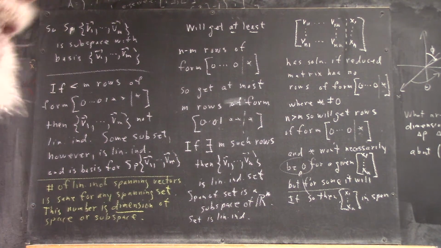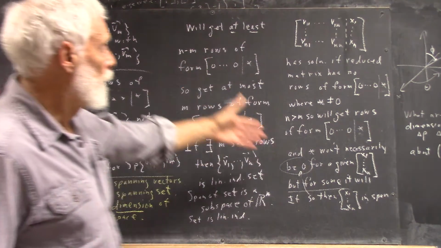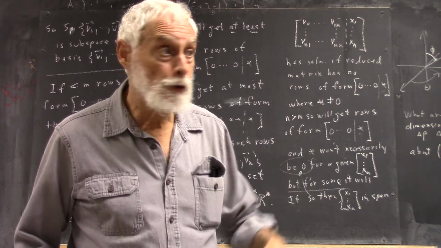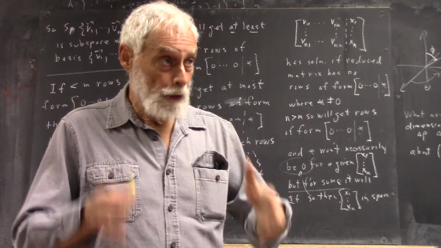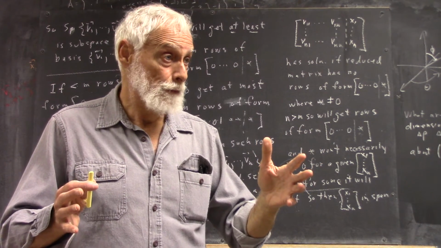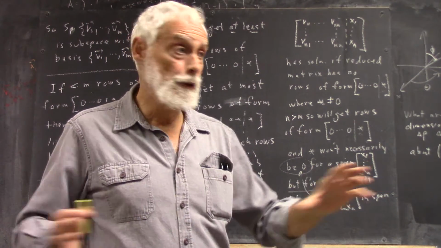This means, for example, in R2, we just saw a basis for R2, a linearly independent spanning set. We proved it. We're generalizing to bigger spaces now, but all the same ideas apply.